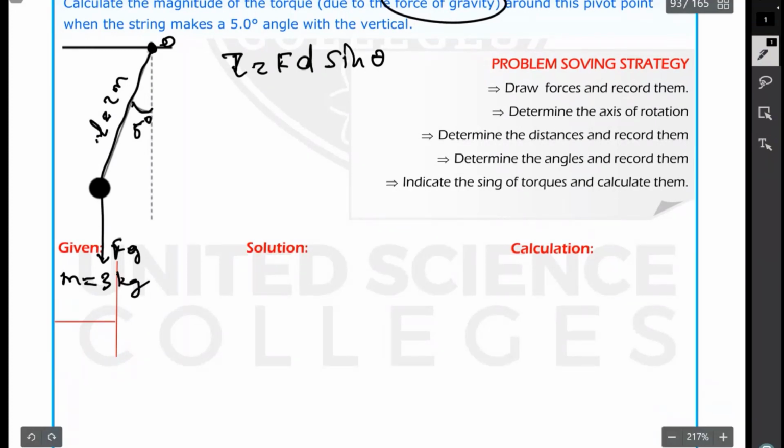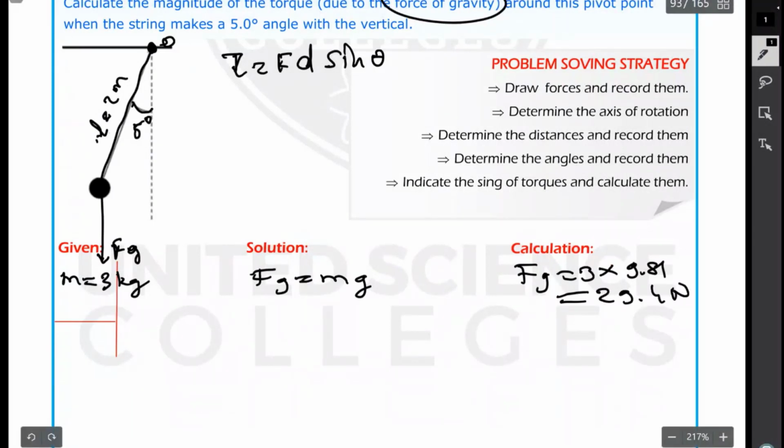I have to calculate the force of gravity by the equation Fg = mg. And we know that m is given in the question as 3. Free-fall acceleration 9.81. So this multiplication is equal to 29.4. We got the force. We will write the force in here.